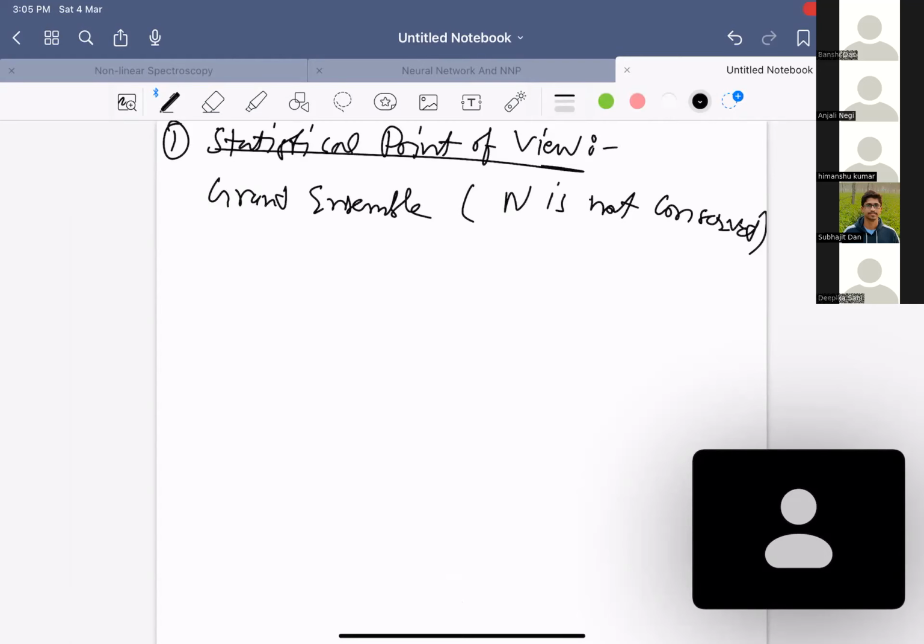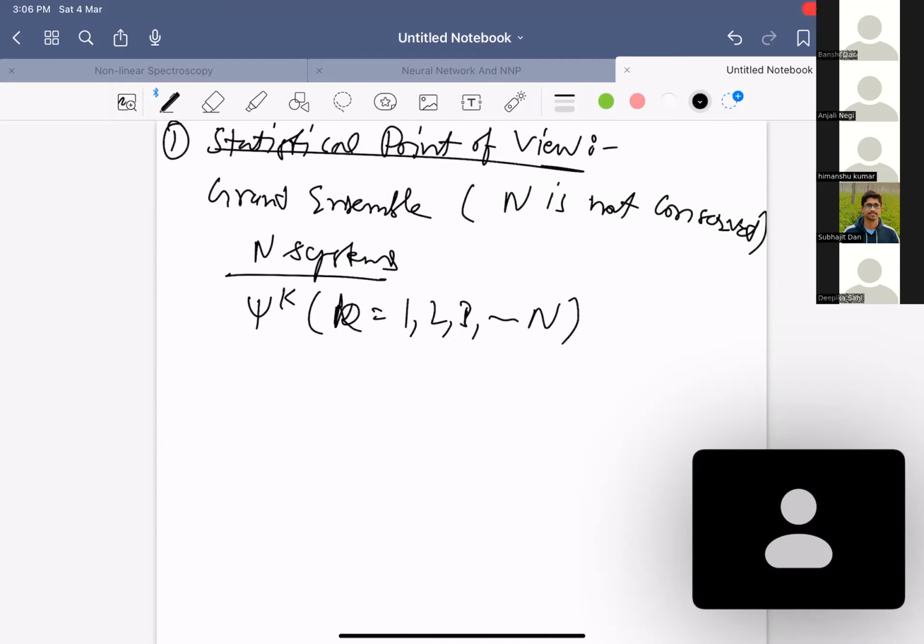Suppose we have n such systems, where n is not constant, described by their wave functions psi k, where psi k is the wave function in the kth state and k varies from 1 to n.